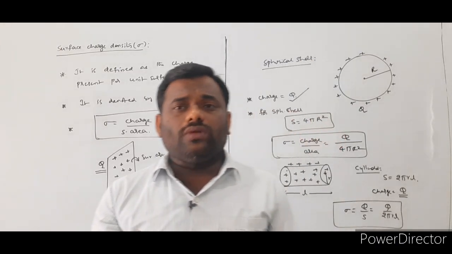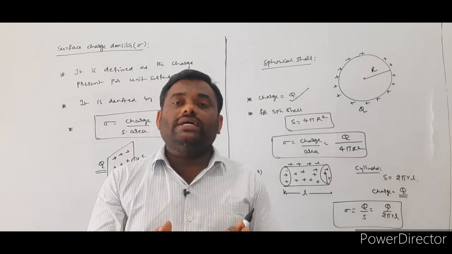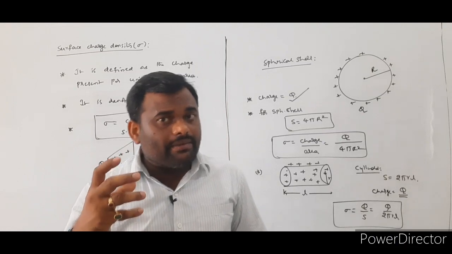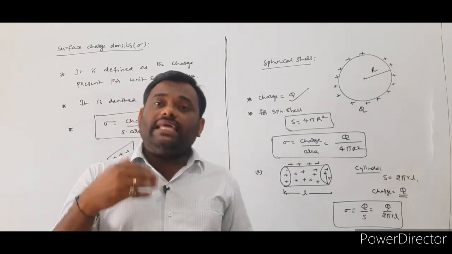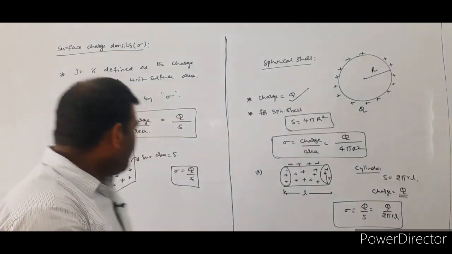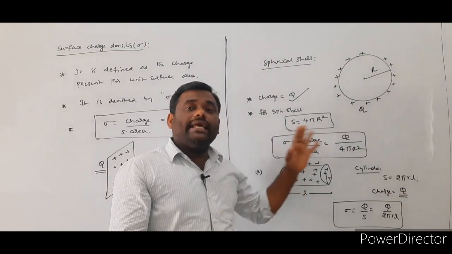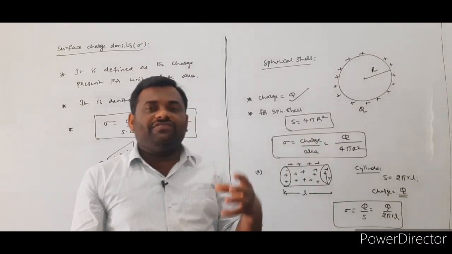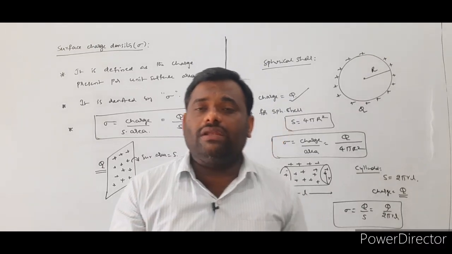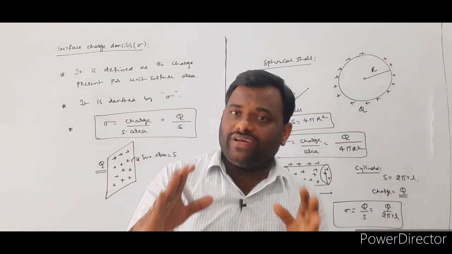What we have to remember is, whenever we give some amount of charge to surfaced objects, they will have a certain amount of surface area, whether it is a sheet or a shell or a cylinder. Whenever charge is given, that entire charge will be uniformly distributed over the entire surface area.